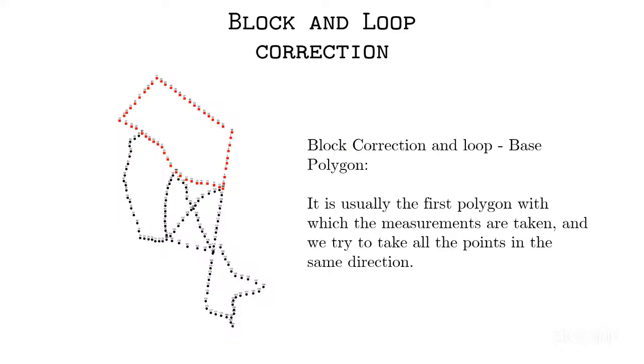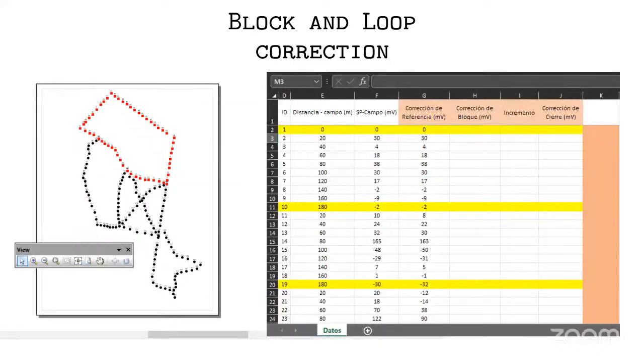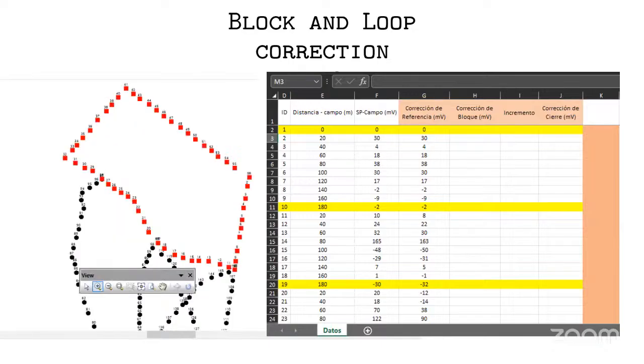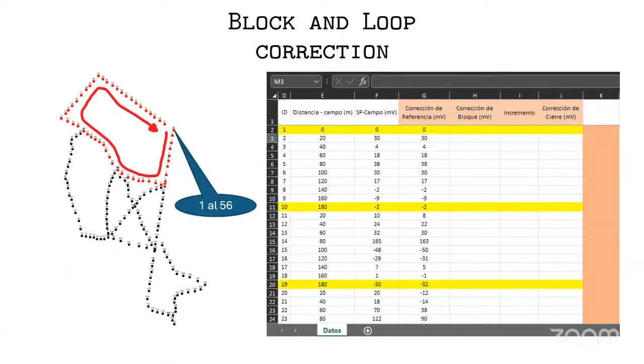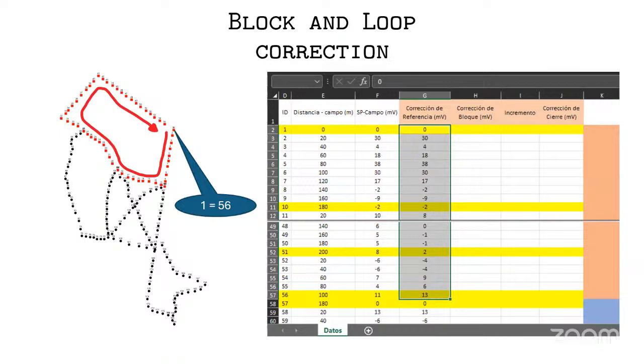It is usually the first volume with which the measures are taken, and they try to take all the points in the same direction. Again, we verify the profile of range. It is important to note that the first and last point are physically the same, but they have a different value.